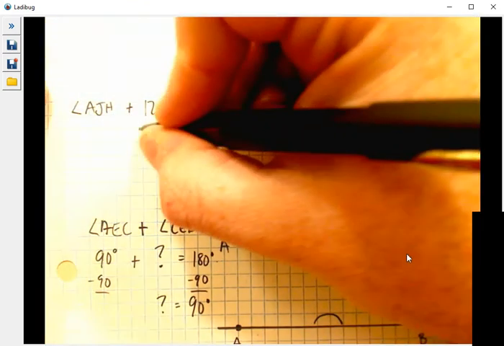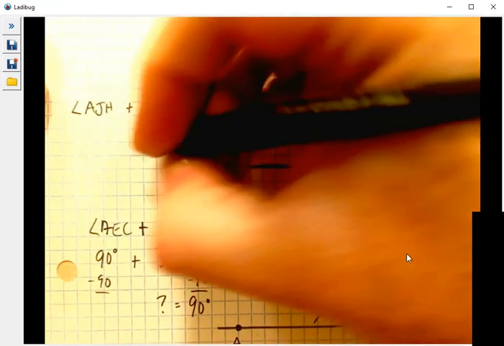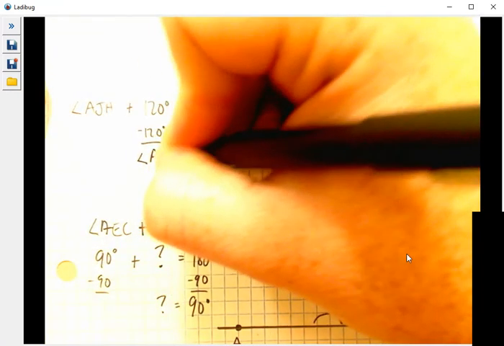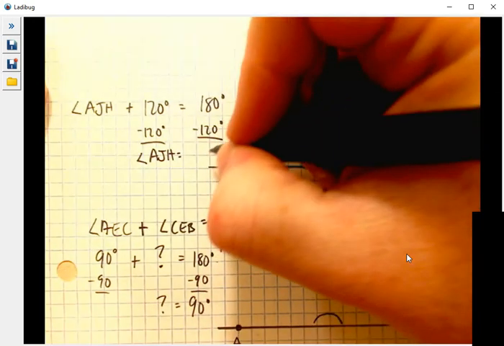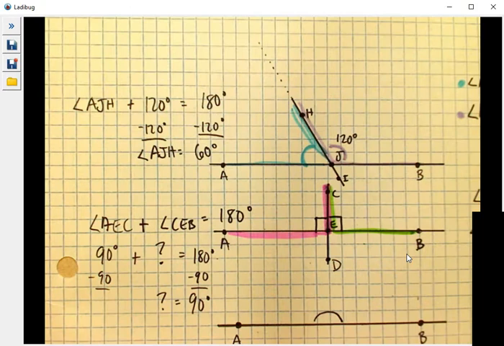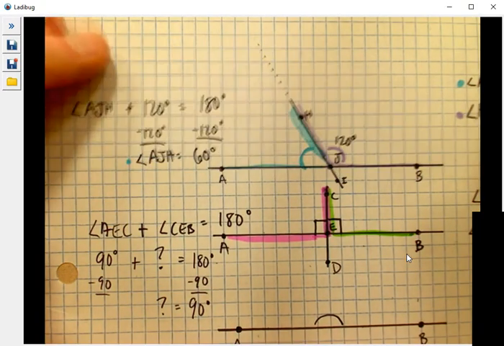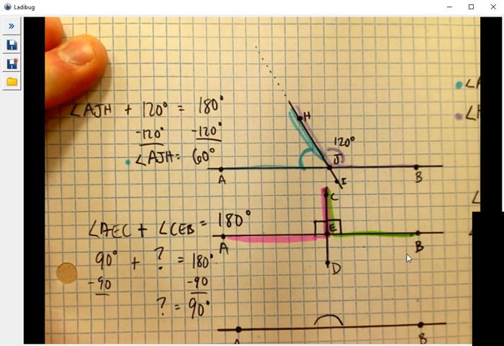So if I were to subtract 120 degrees on both sides, I could solve that AJH is in fact 60 degrees.